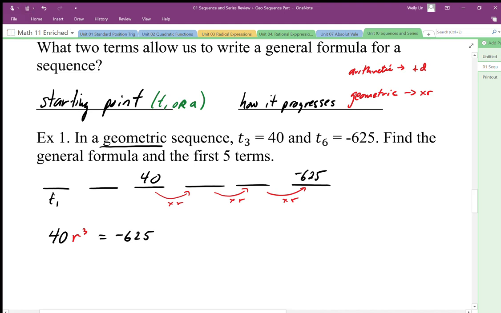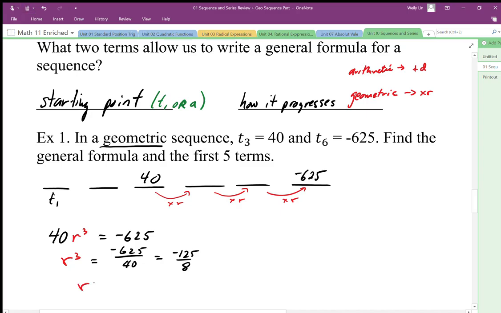If I look at this equation, I have an equation that I can solve for r. In solving for r, I'm going to divide these terms: negative 625 divided by 40. They share a common factor of 5, so this ends up being negative 125 over 8. To undo the cube, I'm going to cube root.